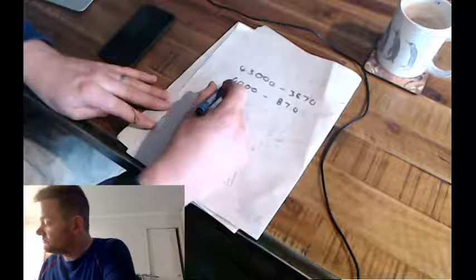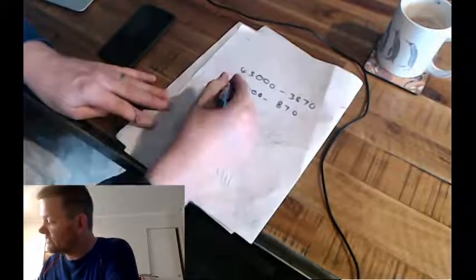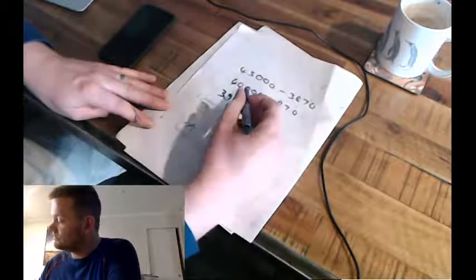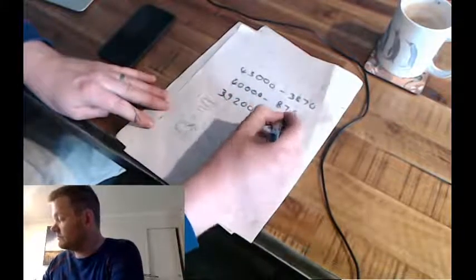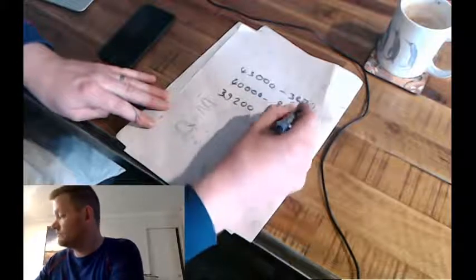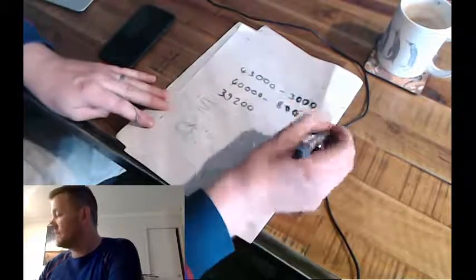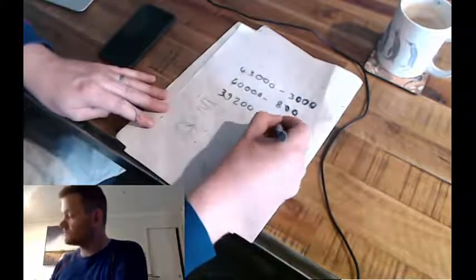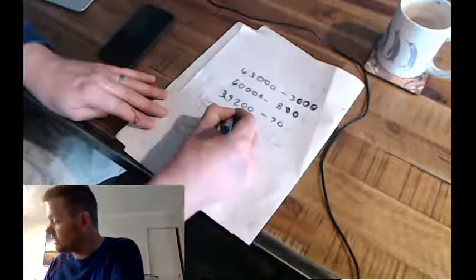That's easy. So I took away 3,000 first, then I took away 800, and now I'm taking away 70. 39,130.